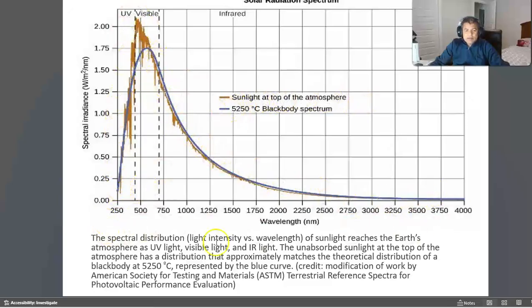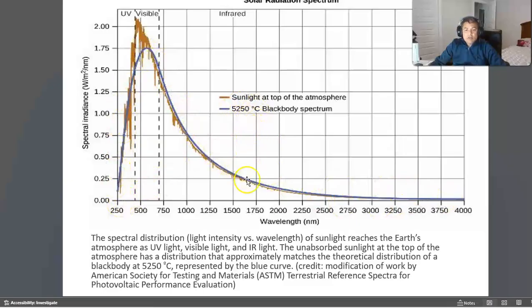Spectral irradiance, at 250 nanometers, and at 500 nanometers you have the visible range. 500 to 700 is the visible range. You can see the sunlight at the top of the atmosphere, and all the other wavelengths it can give you. This is the black body spectrum at 5250 degrees centigrade.